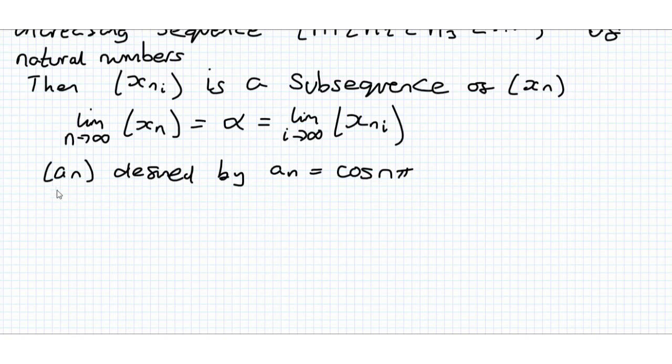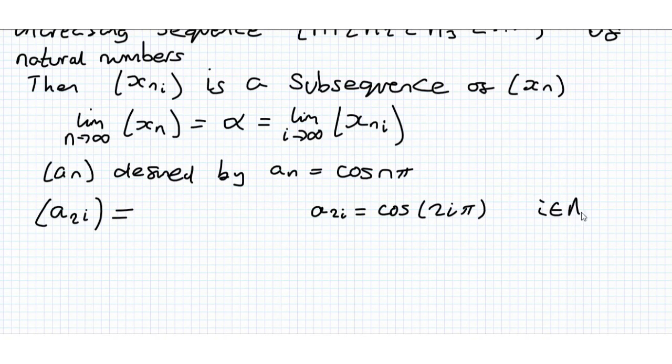So, if we define a subsequence a_{2i} to be equal to cos(2iπ), and because 2i is always even, note that i is a natural number here, and you can call this n_k.